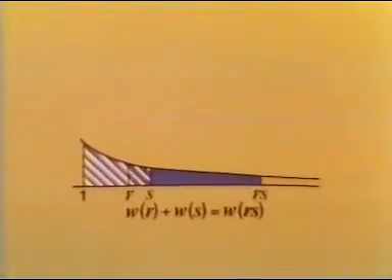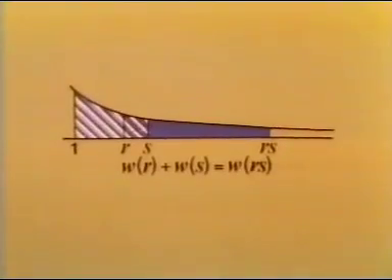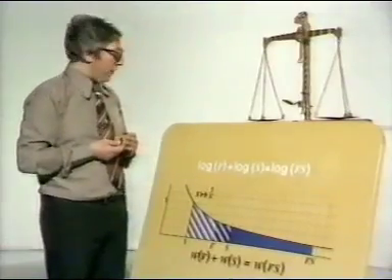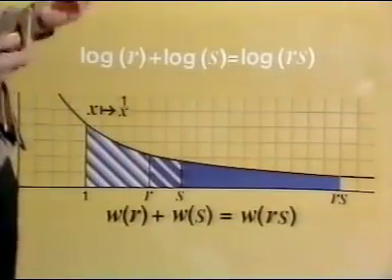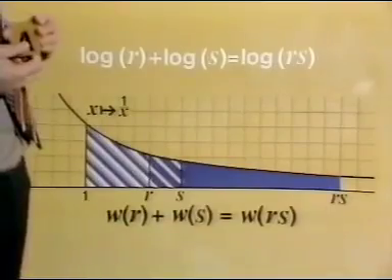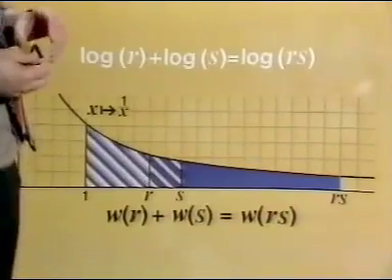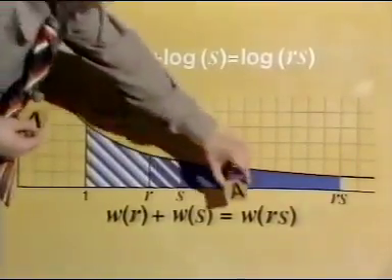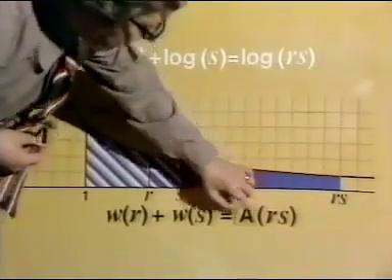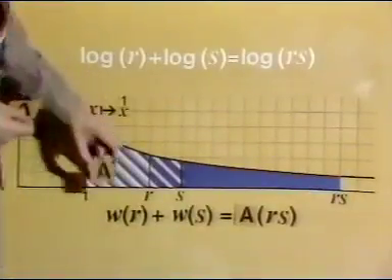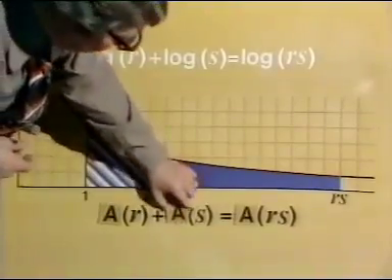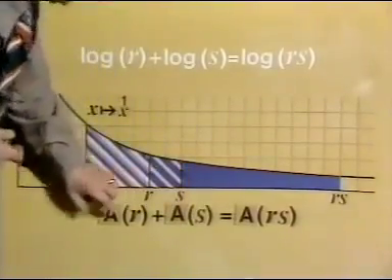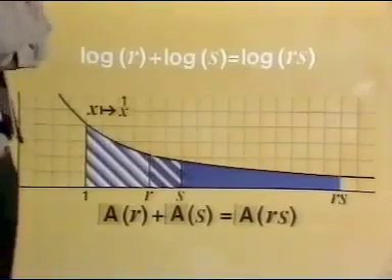You've seen this kind of rule before in Unit 1 of Block 2. Well, it's just the rule for the logarithm of a product, rs. And you've probably guessed that when I've been weighing shapes, what I've really been doing is measuring areas. So the area up to rs splits up into the area up to r plus the area up to s, just like the logarithm rule.